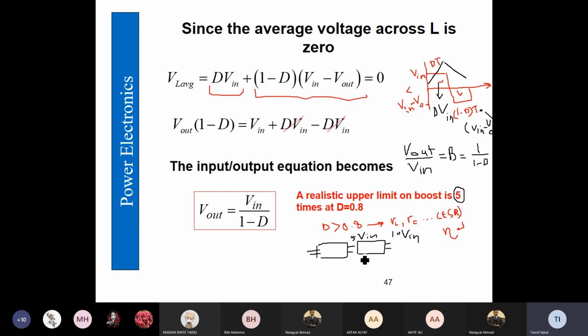Only then can we increase from a single voltage to 10 times.